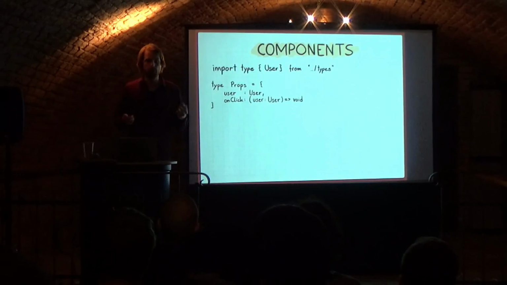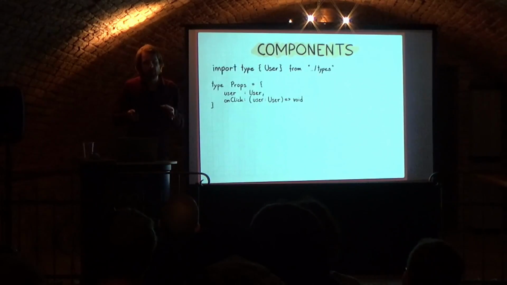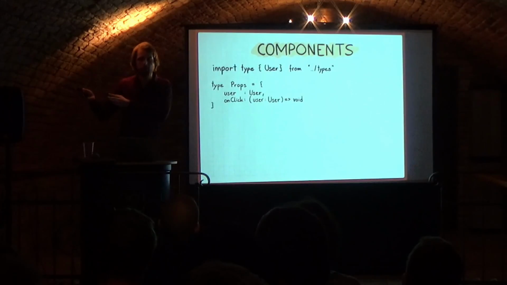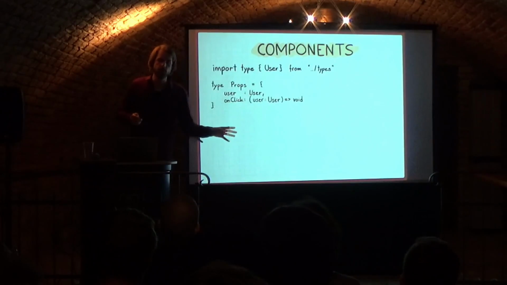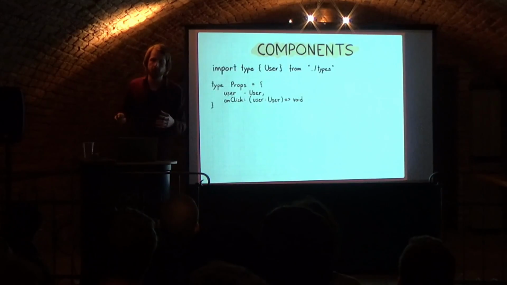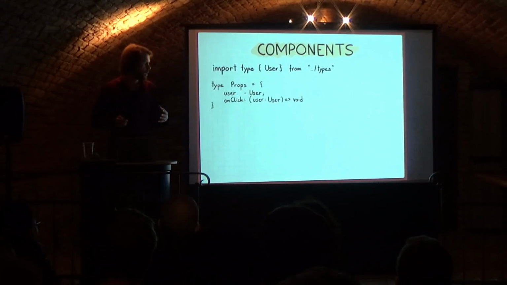And if you use React prop types, it's very hard to express functions. You just say React prop types function. I'm not sure if you can even define the properties of this function, if they are having a parameter or if they are having a return type. I don't know if React prop types is capable of analyzing this, but Flow can.